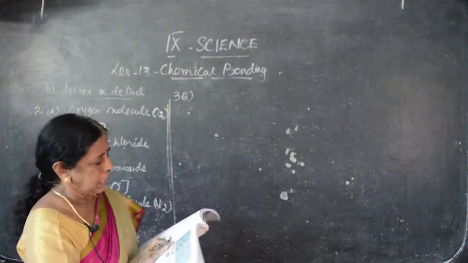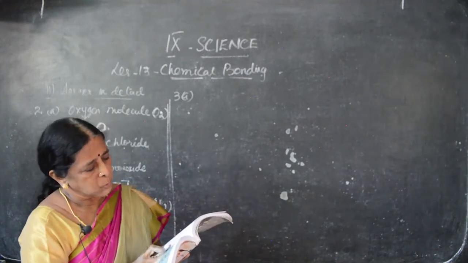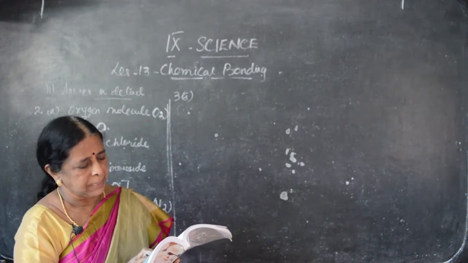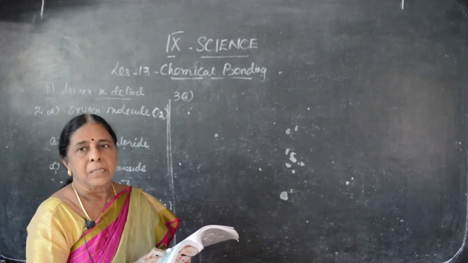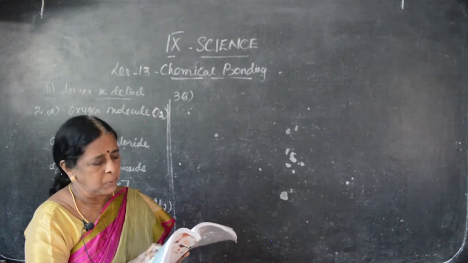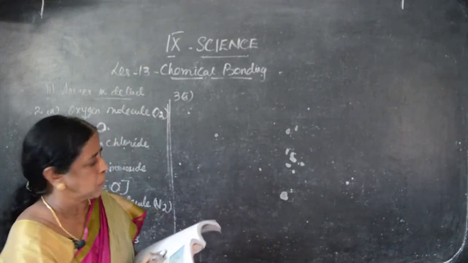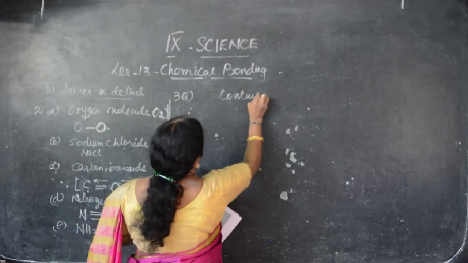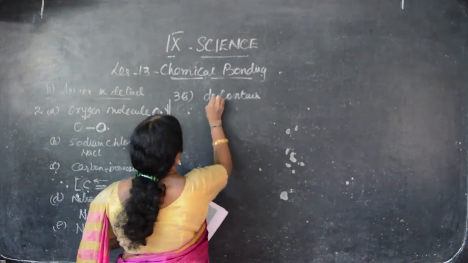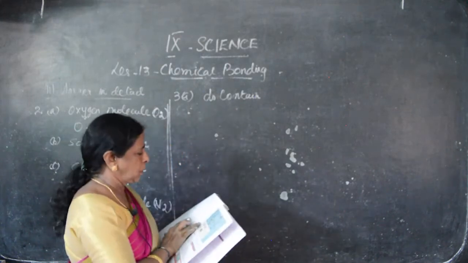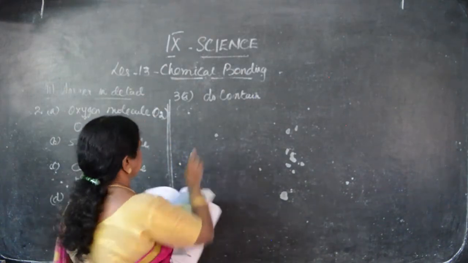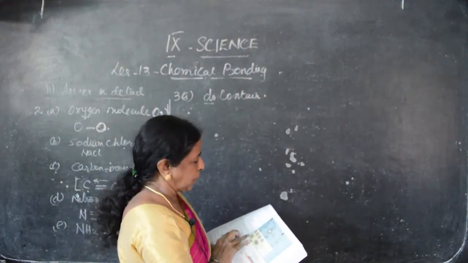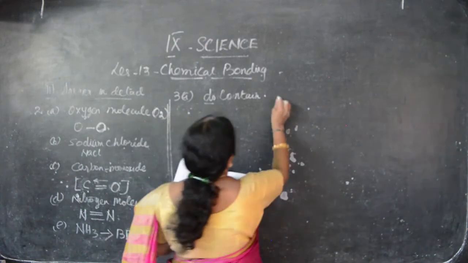A. Like covalent compounds, coordinate compounds also contain charged particles, so they are good conductors of electricity. The first line, like covalent compounds, coordinate compounds also contain. Before contain you write do. Covalent compounds also do contain charged particles. So they are good conductors of heat. The place of good.